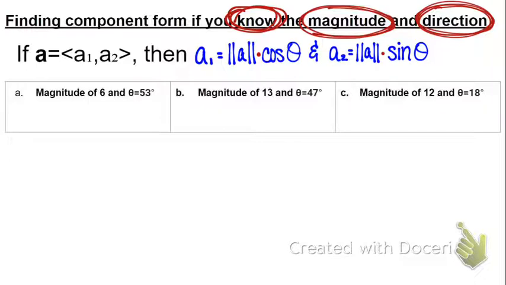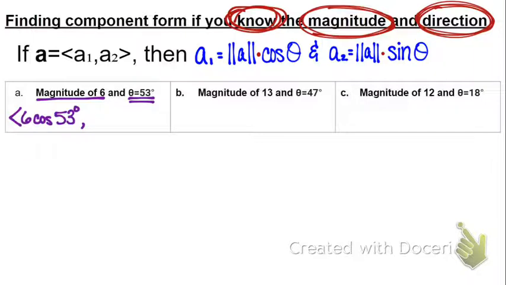Okay. I want to practice with these 3 examples down below, writing it in component form. So if I know the magnitude is 6 and the angle is 53 degrees, the x part of my component form would be 6 cosine 53 degrees.